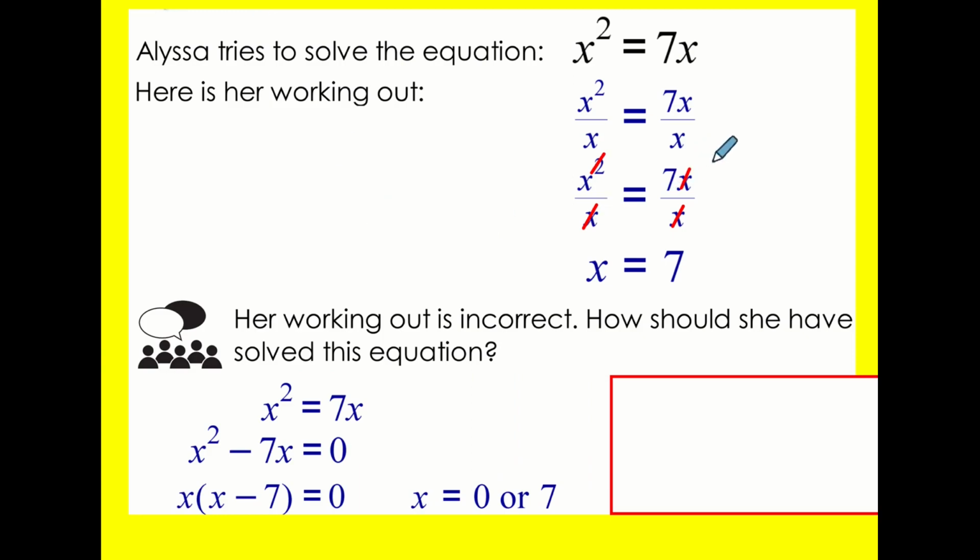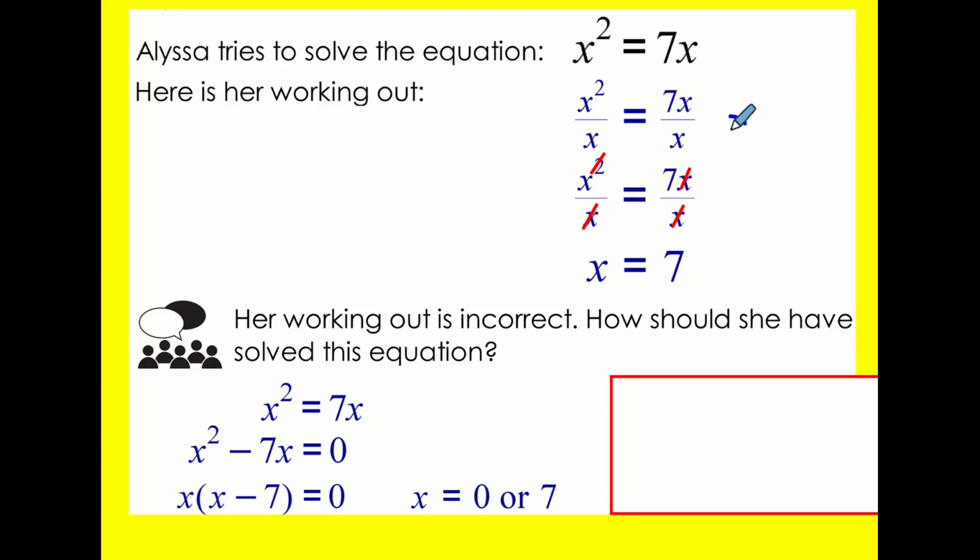To be fair, her working is nearly okay. It's just because she's divided through by x. And when you divide through by x, you're basically ignoring any solution of x equals 0 because you're not allowed to divide through by 0. So she's got 7, she's lost the solution x equals 0, which really she should have got at this stage here.